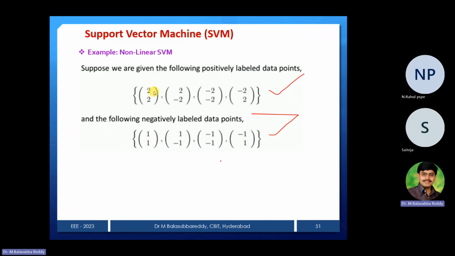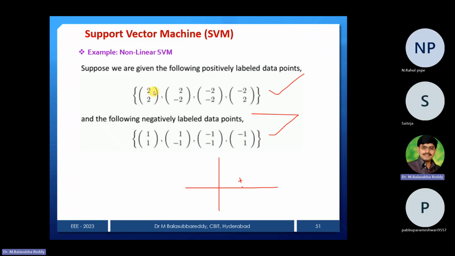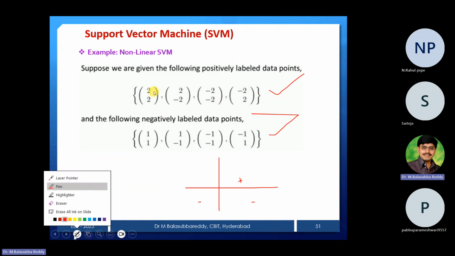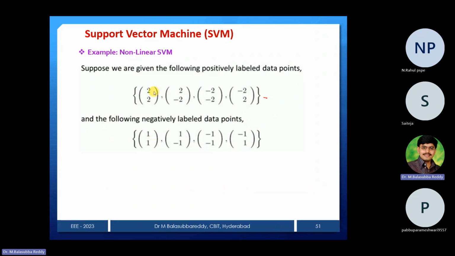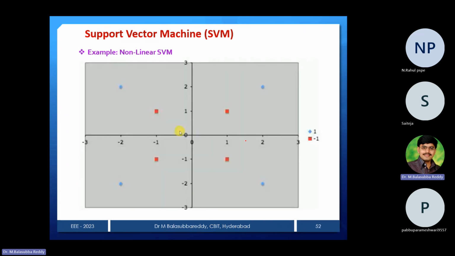So x-axis is 2 and y-axis is 2, and then 2 and minus 2, another point. Another one is x-axis minus 2 and y-axis also minus 2. Like that, we have to put the points. Whatever the data is mentioned here, in the same data we have to provide the plane, the xy plane.